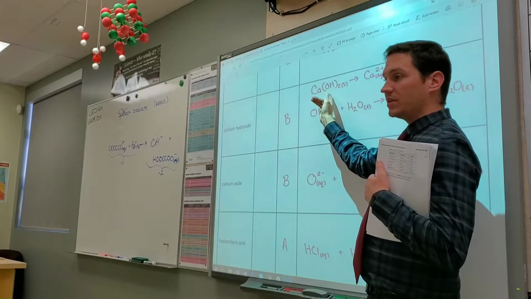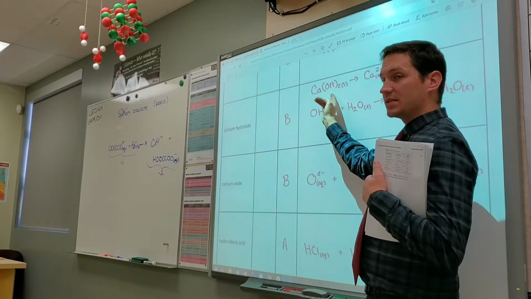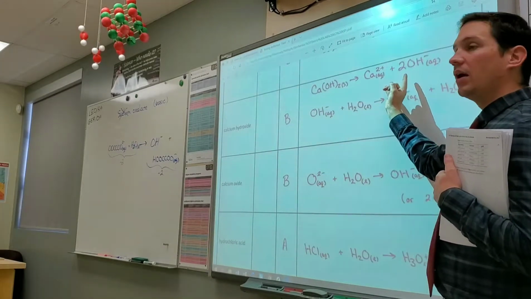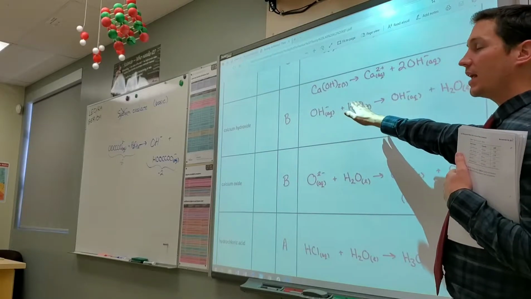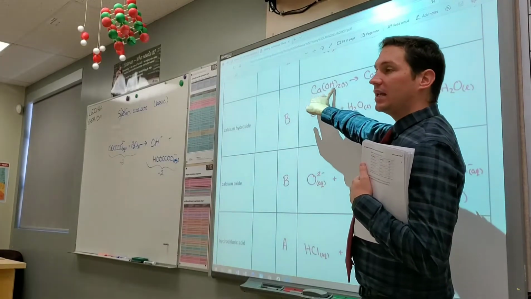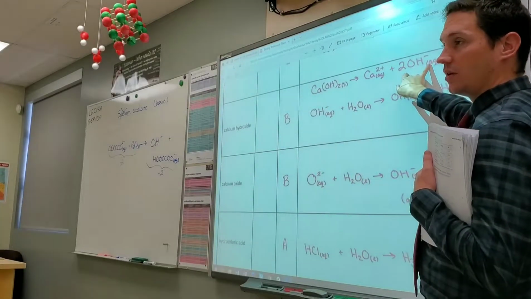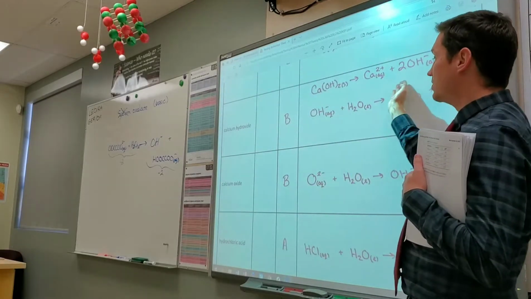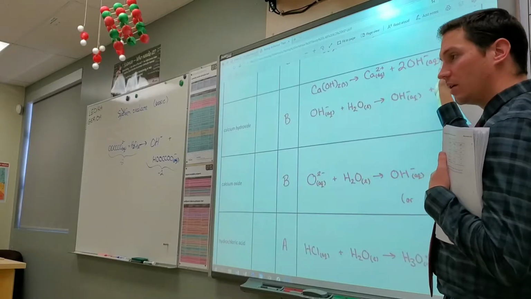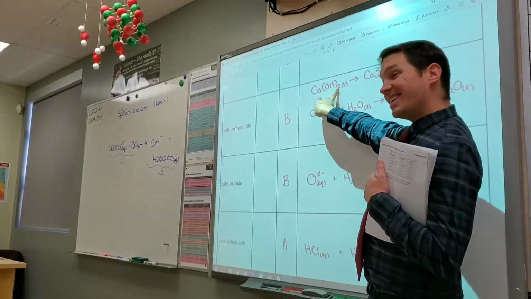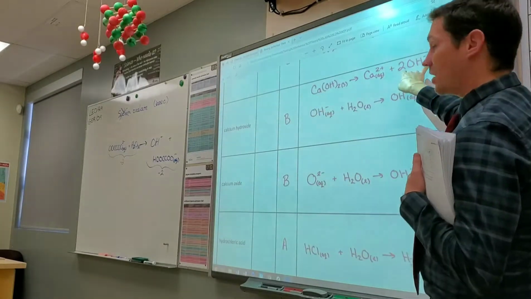Yes, some of it dissolves, and when it dissolves, because it's ionic, it will split up. Right then, straight out of the gate, have we explained how calcium hydroxide makes a basic solution? Have we explained it just using this first equation? Yeah. When this thing dissolves, it makes hydroxide.